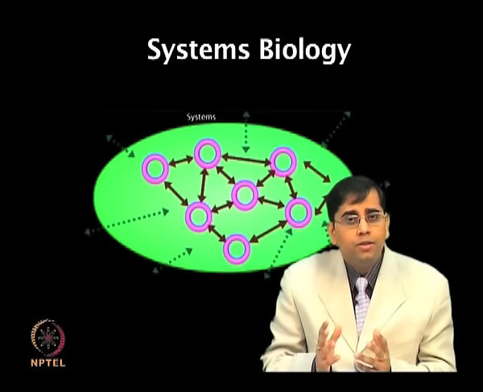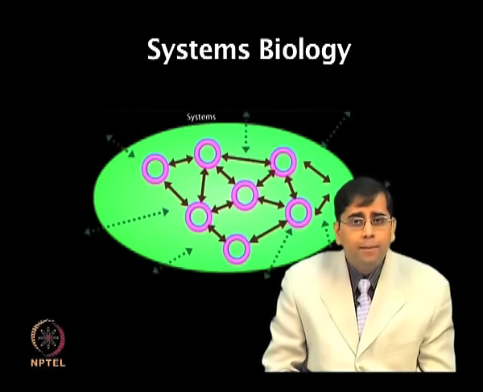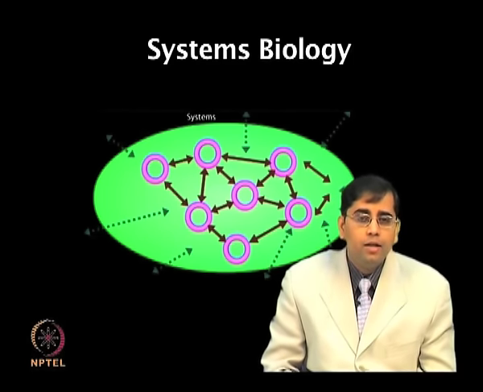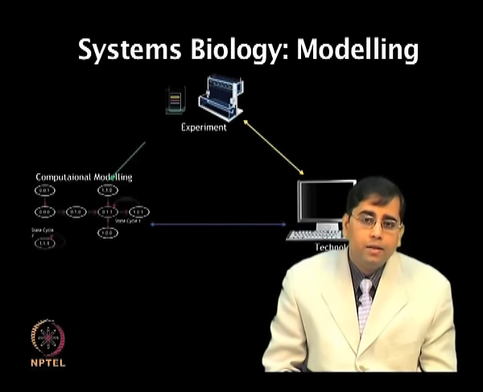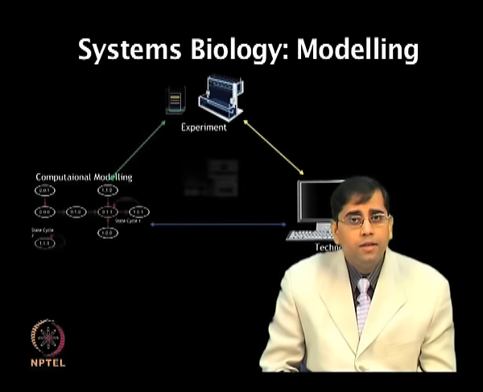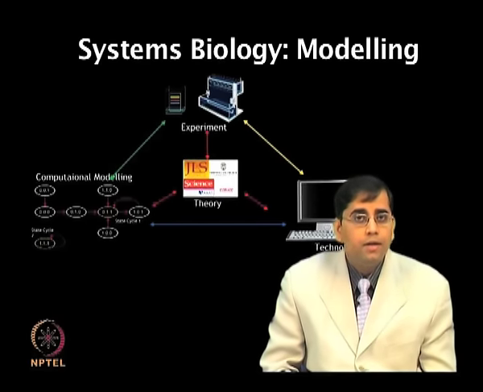The systems biology and biological network modeling aims to understand the biological processes as a whole system rather than isolated parts by synergistic application of experiment, theory, technology and modeling.